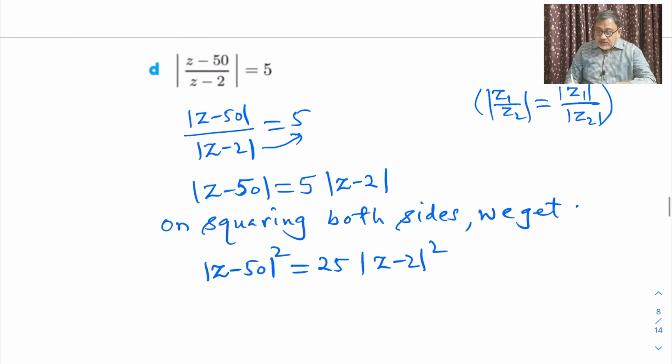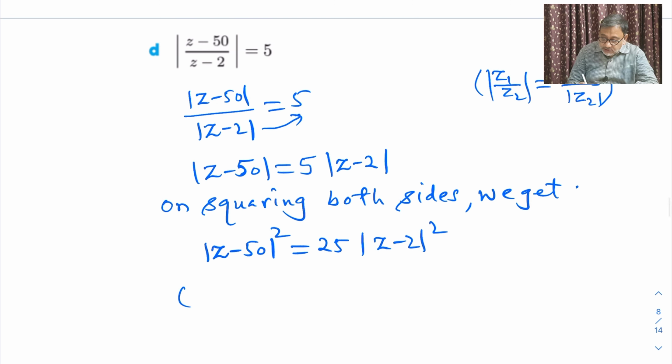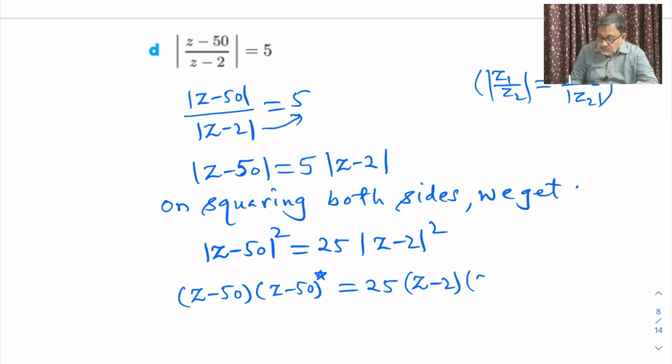Okay. Now whenever it is modulus of z square, it can be z into z conjugate. So I will write (z minus 50) into (z minus 50) conjugate is equal to 25 into (z minus 2) and (z minus 2) conjugate. Since modulus of z square is z into z conjugate, this property I am using here.